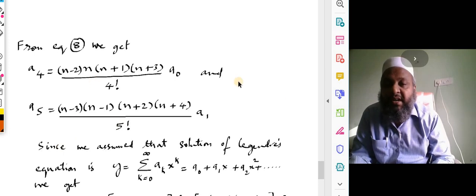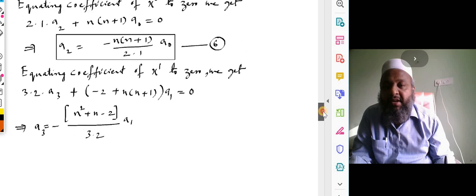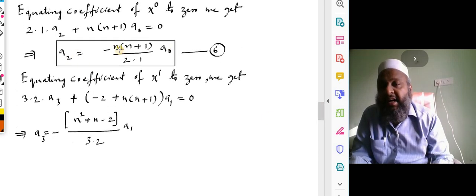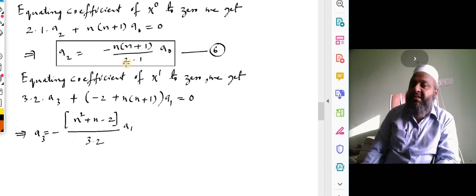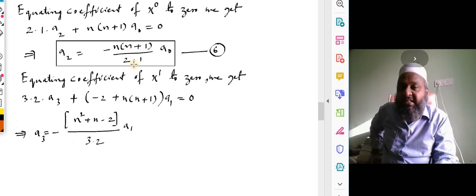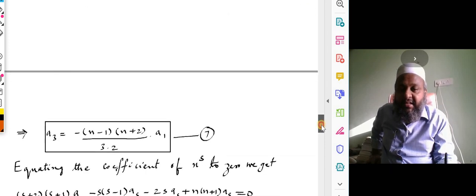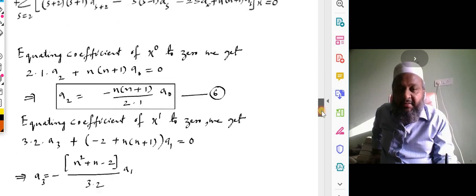If you want the logic of remembering this, I'll tell you one simple point: a2 is in terms of a0, and n into n plus 1 by 2 is just the sum of n natural numbers, like that you remember n into n plus 1 by 2. And once you remember a2 in terms of a0, a3 can be written very easily in this way, that is one factor less. Better I'll write it here.